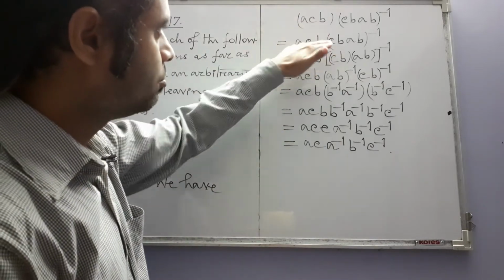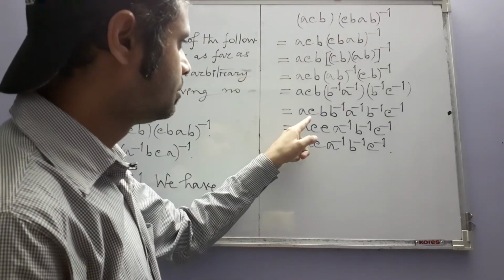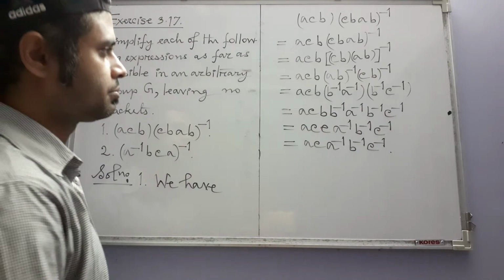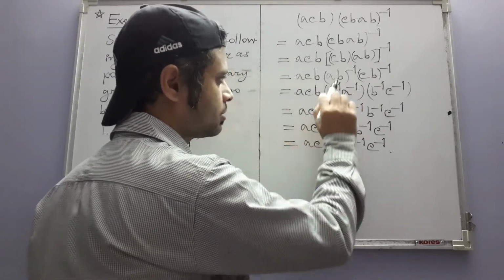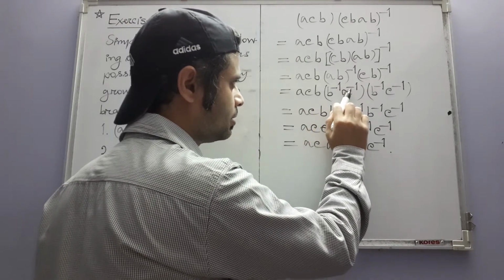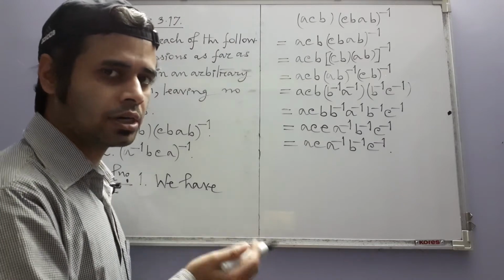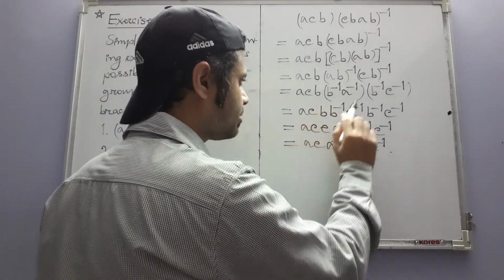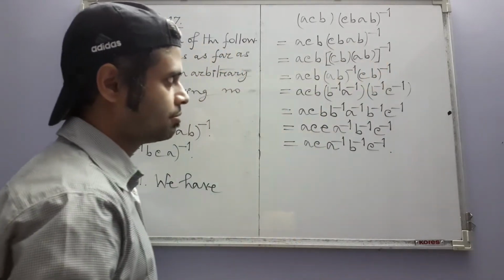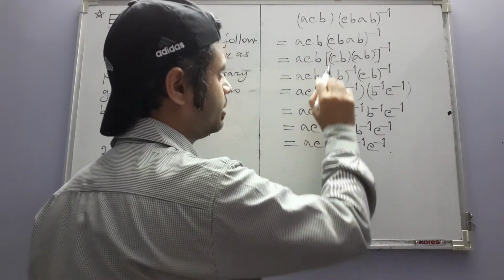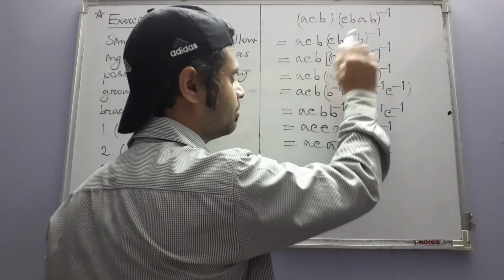Looking at these two steps, you notice something: that result, which asks us to take inverses of the individual factors but reversing the order, is in general true irrespective of the number of factors we have. Here you have (CBAB) whole inverse.